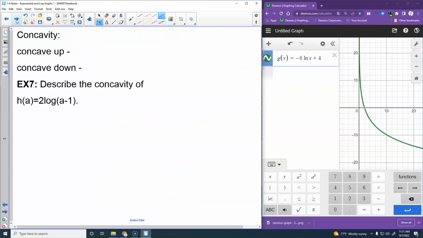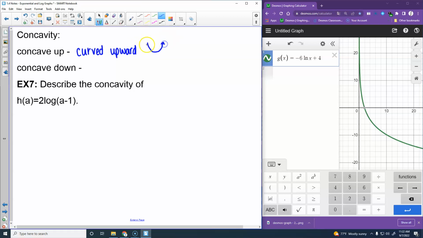All right. Concavity. Concavity is the curvature of the graph. And if you have something that's concave up, it's curved upward. I know that's not a great definition either, but we're going to draw some pictures.